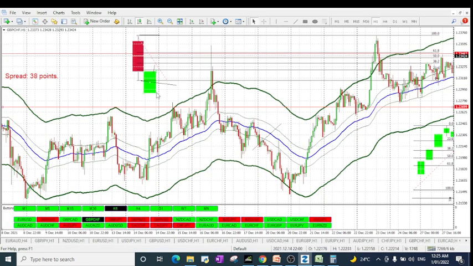So if we have a strong bearish candle, this is interesting, and you have a new candle that opens, the probability of this candle going down and ending up closing negative is something like 45%.